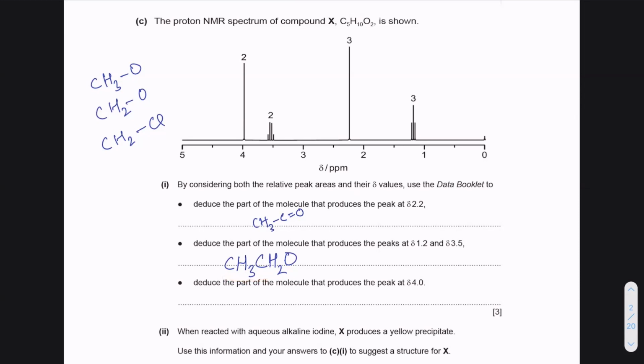Oh, ठीक है. और shift मेरे पास है 3.5 की, तो 3.5 की shift में ये 2 बनते हैं जिसपे 2 hydrogen है. समझ आ गया. But इनमें से मैं इसको reject करूंगा क्योंकि मेरे पास option नहीं है इसकी.